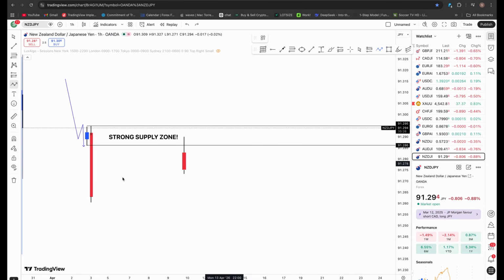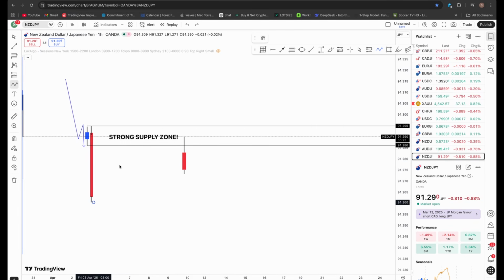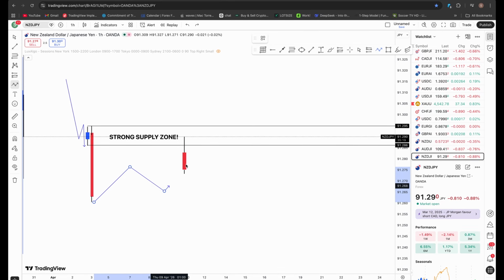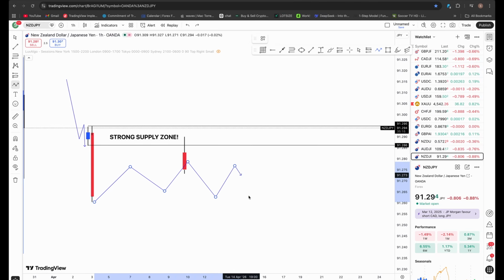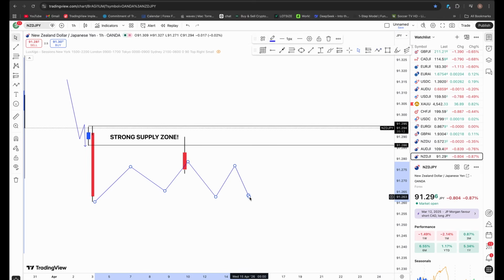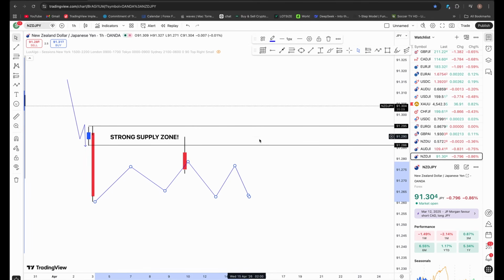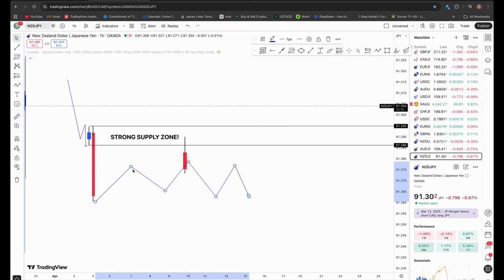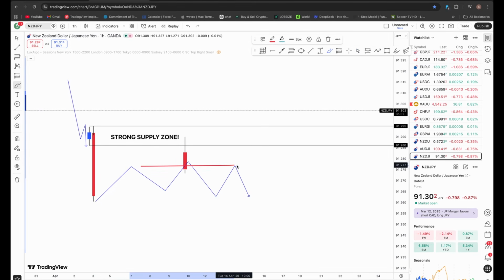we will get something like this along the way, where the market doesn't really go back to the supply zone that we have marked. Price just plays around this area. What most traders will do, instead of waiting for price to actually come back to our points of interest, is start looking at this as a supply area.